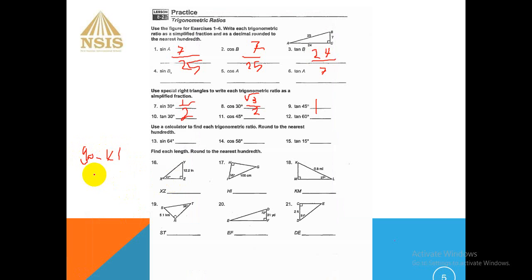So it will be 49. So this angle Y is 49.